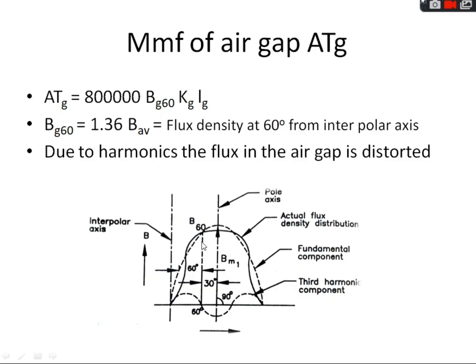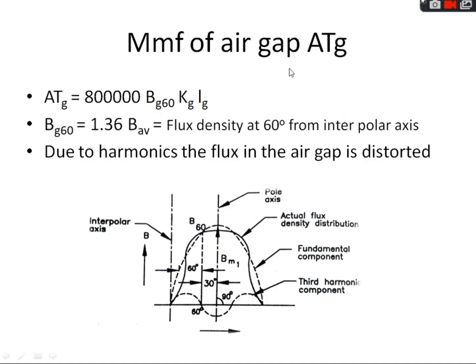So in order to take into consideration the third harmonic component in the magnetic flux, we generally take the flux density at 60 degrees from the interpolar axis. This is because the flux is getting distorted.